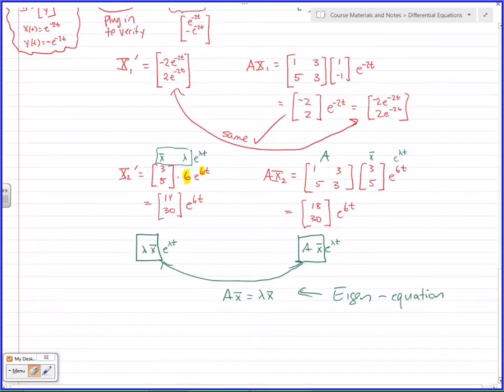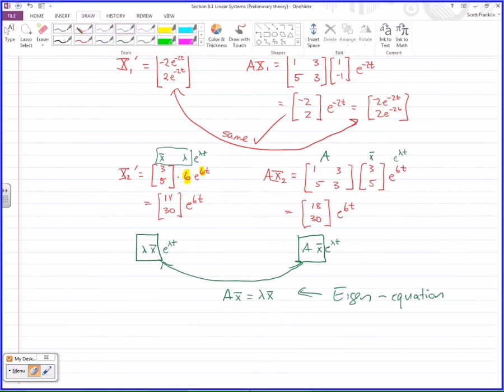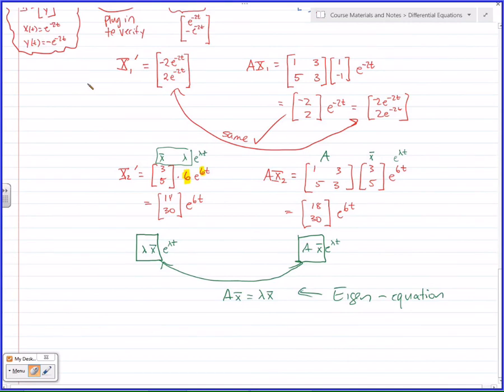That right there is the reason why first order linear systems are so tightly connected to eigenvalues and eigenvectors that I've talked about before. Okay? All right. There's that.